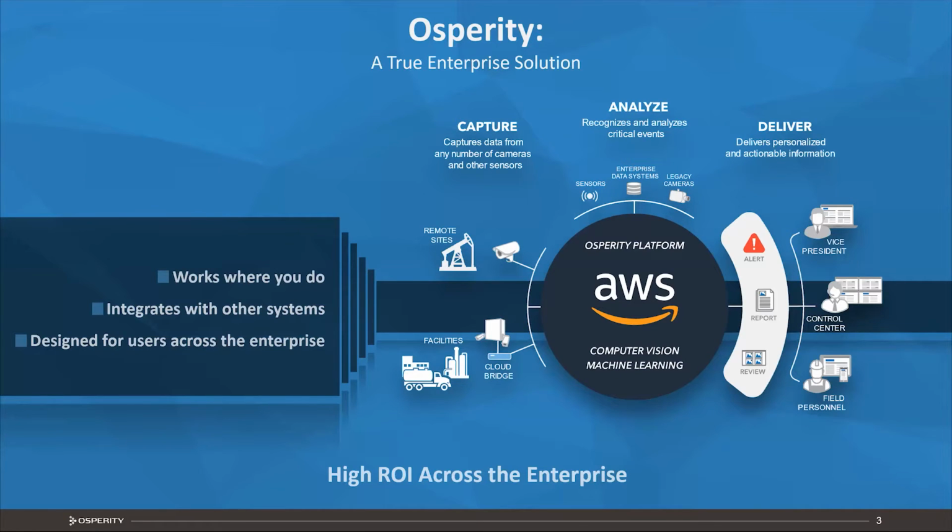Osperity is a cloud-based intelligent visual monitoring platform, and we use cameras at the edge as our data collection point. So those are our sensors, our visual sensors. And what Osperity does is work with clients to understand the anomalies or the exception categories that they want to be alerted to as more and more of these locations become unmanned.